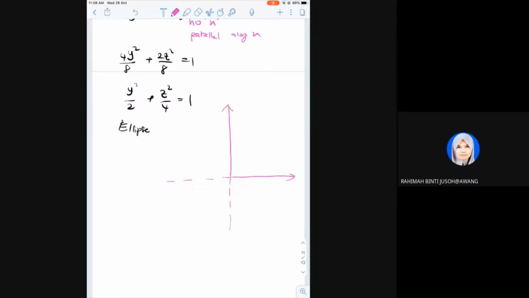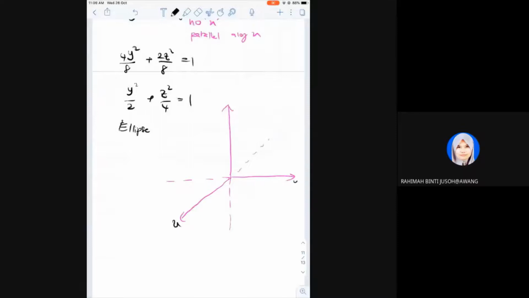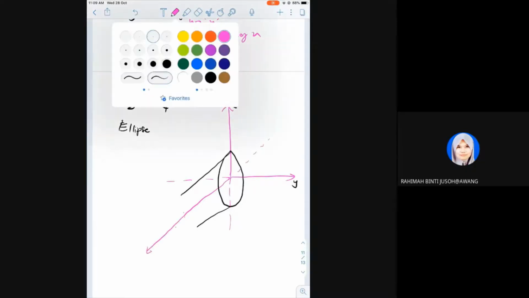So we have this. X, Y, and Z. Okay. Now, dia parallel sepanjang paksi X. Parallel along X axis. So, you buat dulu macam ni. And then you tarik je lah. Nak tarik ke depan boleh, ke belakang pun boleh. Doesn't matter. Kecil sangat saya buat ni. Kejap. So, you boleh tarik lah.